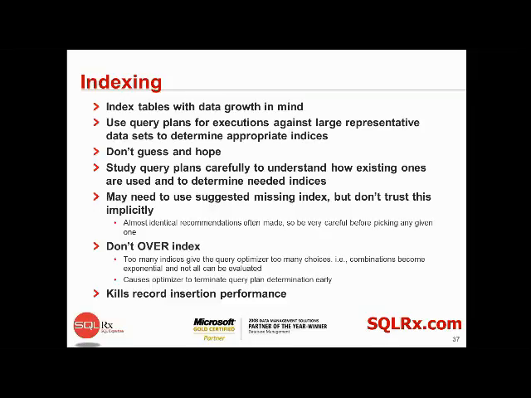So don't over-index. Don't give the optimizer too many choices. What happens is the more choices you have, that becomes exponential, and you can't figure out all the things you have to do. So the optimizer says, I have a certain amount of time to get this query figured out and develop the plan.